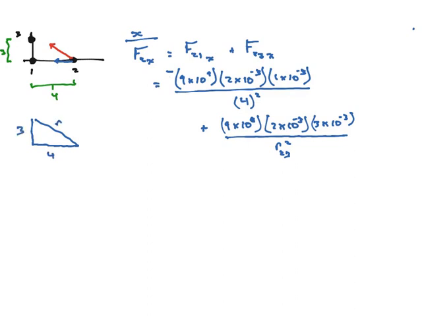I need this distance. Well, how do I get that distance? That's just Pythagorean theorem. R squared is 3 squared plus 4 squared, which is 25. So R is just 5. Okay? So I now know R23 is 5. So that's a 5 squared.